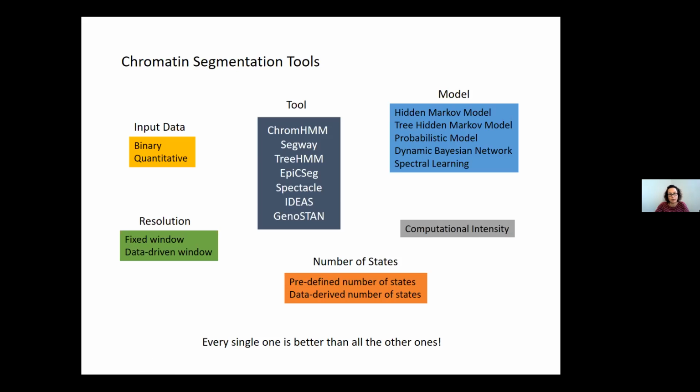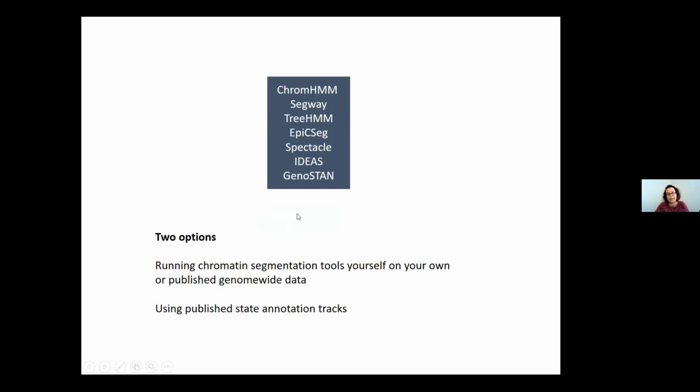When you read through all the publications, there's clearly one commonality, and that is that every single one is better than all the others. I don't want to enter this discussion here, but what I can say is that for each of them, you have two options of using them. Either you can run those chromatin segmentation tools yourself. Maybe you've produced a lot of data, or you have access to publicly available data, and you want to combine it to make a chromatin annotation.